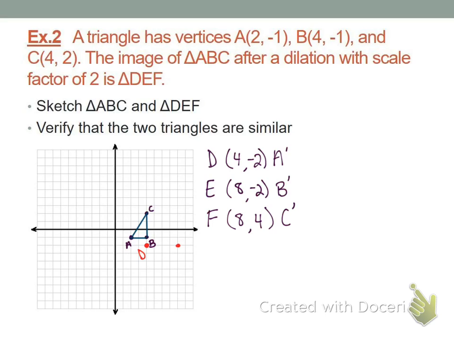Point E and 8, 4. 1, 2, 3, 4. Again, we should be connecting those points. Before we move on to the verifying part, do we have questions about how we got our triangles?